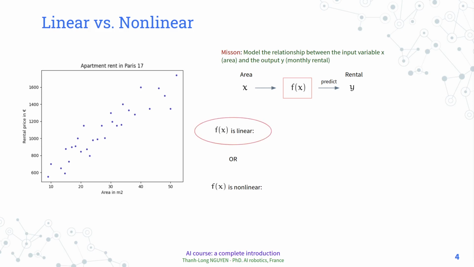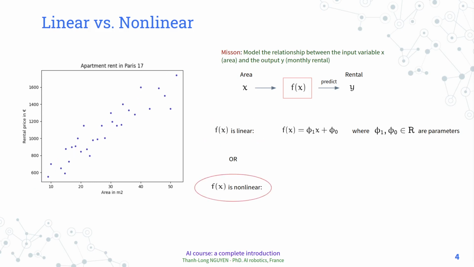If f of x is a linear function, then its equation will be f of x equals phi1 x plus phi0, where the two real numbers phi0 and phi1 are called the parameters of the function f of x. Furthermore, the graph of this function will be a straight line as you see in the scatter plot. Definitely, different values of phi0 and phi1 will give different straight lines, okay?